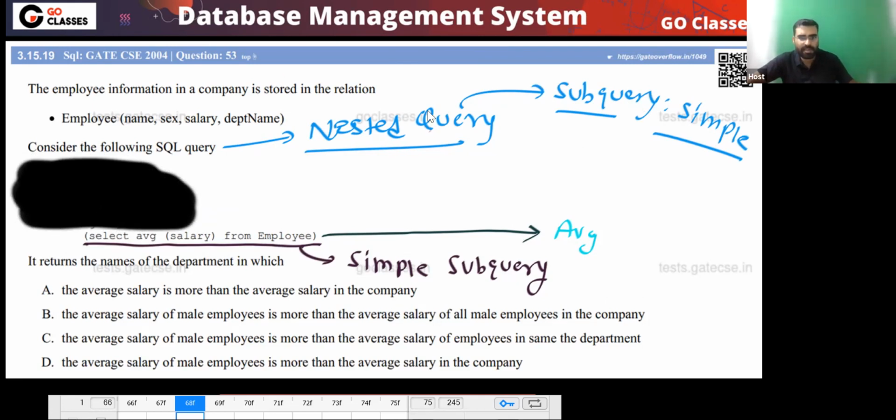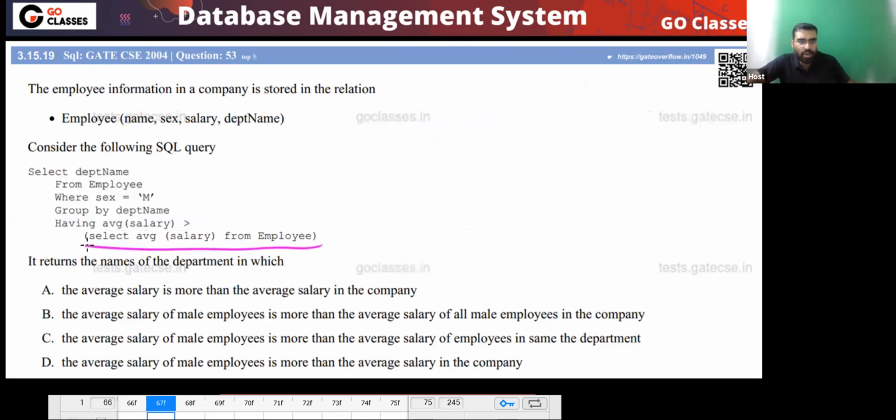Is this giving you the average salary of all male employees or all employees? This is giving you all employees' average salary.